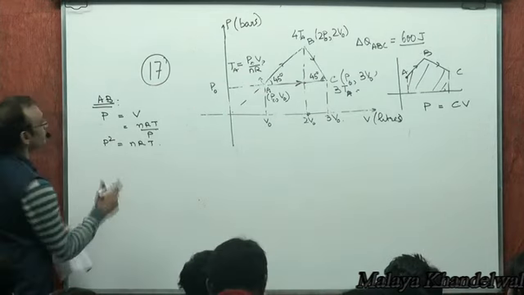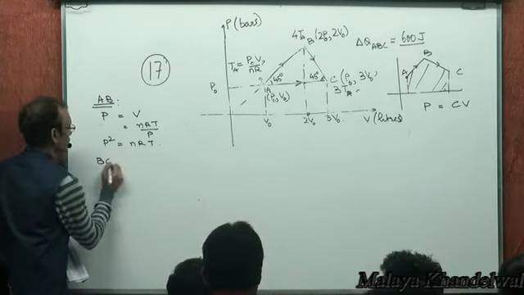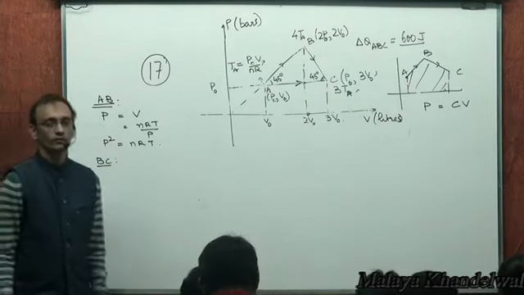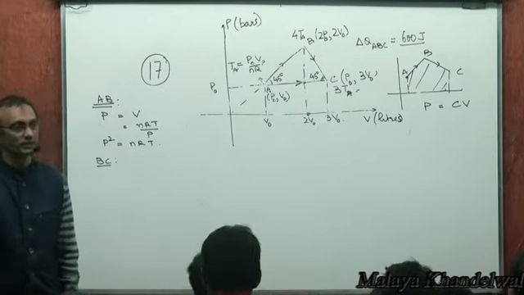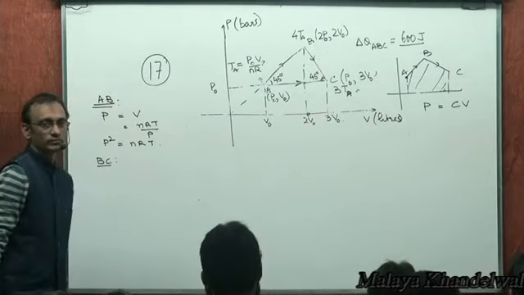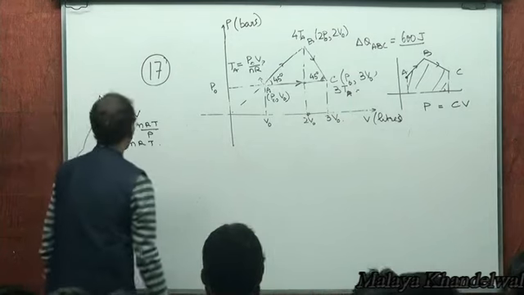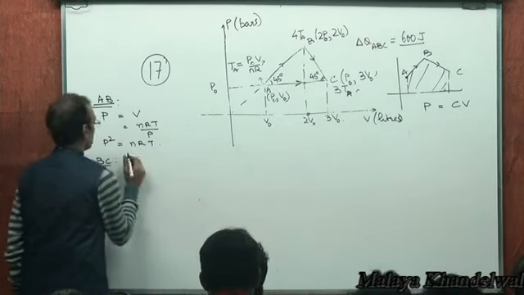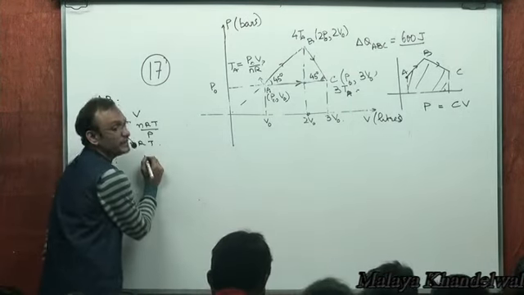Okay. Then for BC, let me write the equation of BC. I know the coordinates of 2 points. So what would the equation be in P versus V?